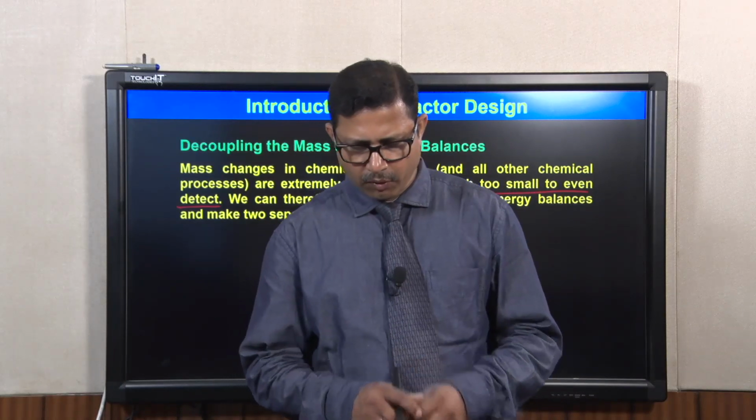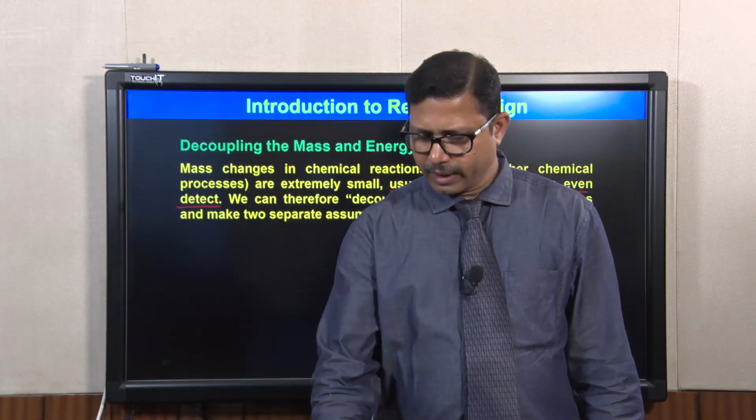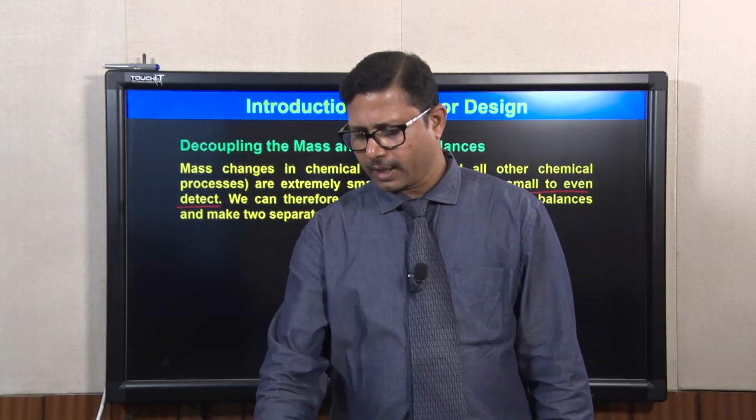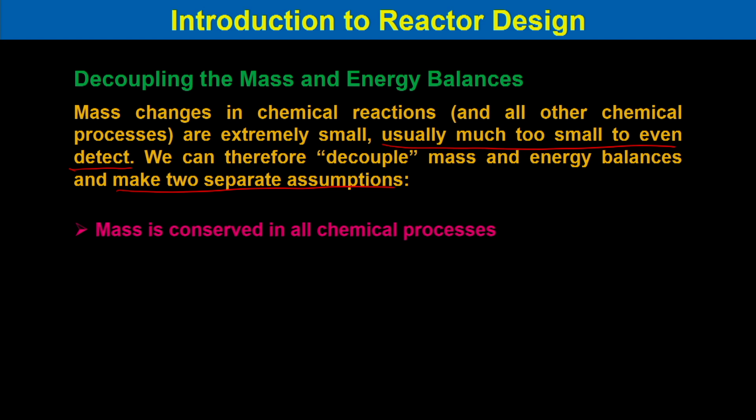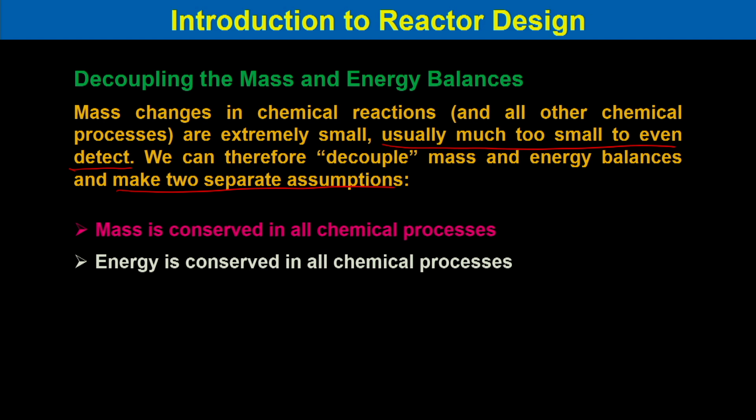Therefore, we can decouple the mass and energy balances and make two separate assumptions. What are they? Mass is conserved in all chemical processes, and energy is conserved in all chemical processes.